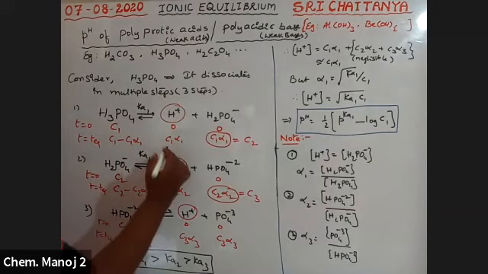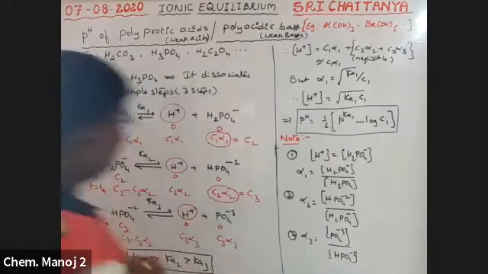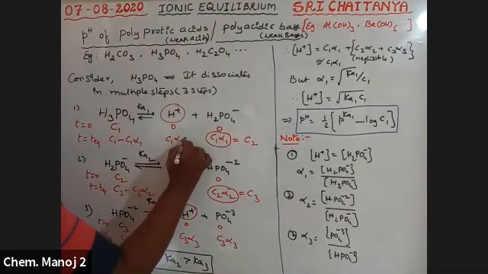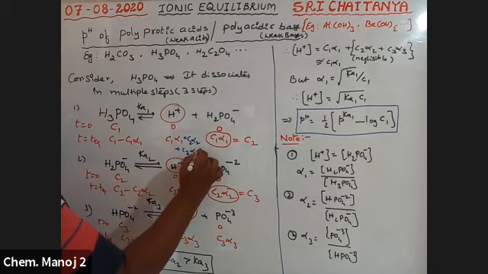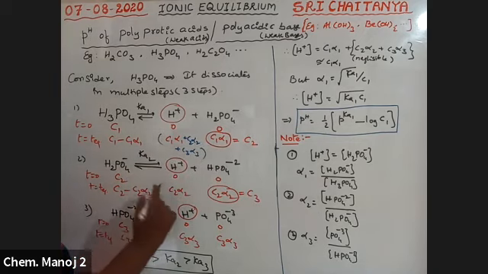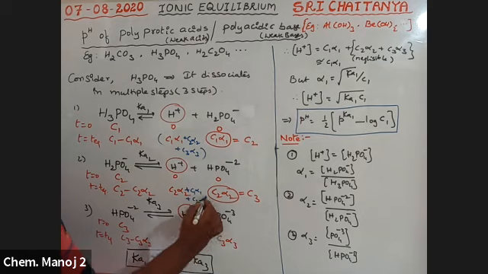All these H+ ions are considered, so C1 alpha 1 plus C2 alpha 2 plus C3 alpha 3 is the total H+ concentration.